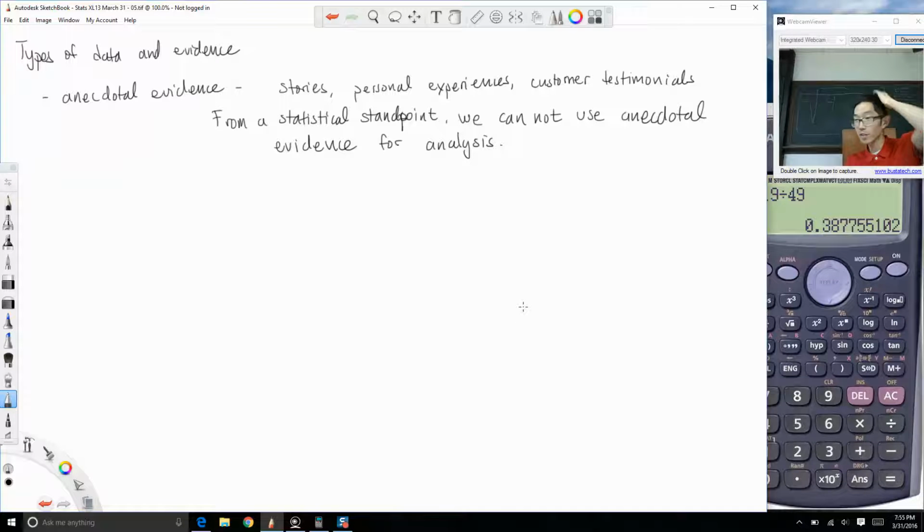Again, this is not to discredit people's personal experiences and what happened, but from a statistical standpoint, we can't really do anything with it. So things that we can use for statistical analysis would be data from observational studies and from controlled experiments. I'll talk about observational studies first, and then I'll talk about experiments.